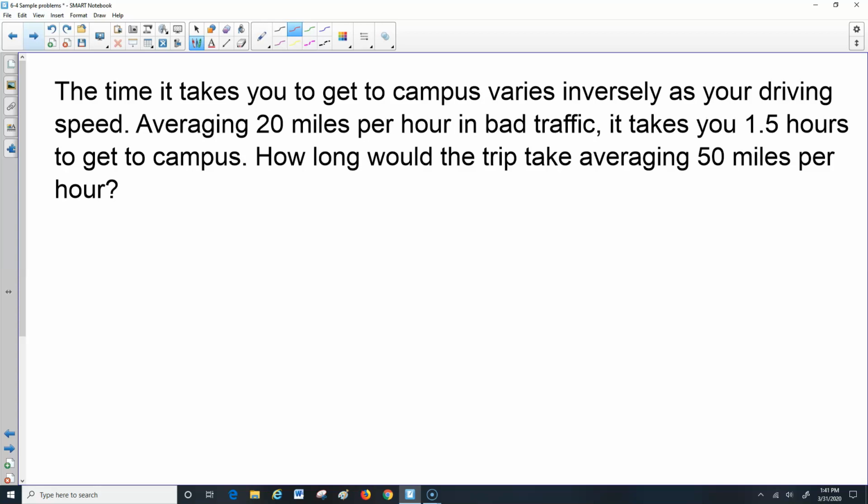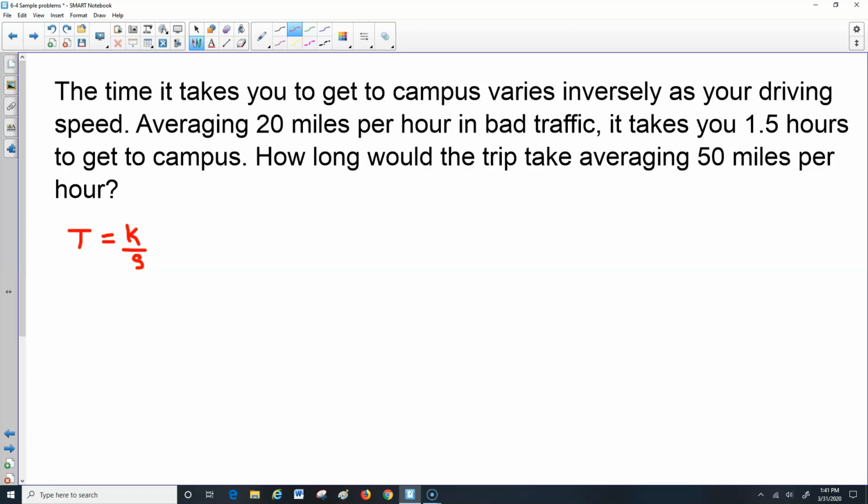So if we solve this using an equation and look for the constant of variation, we'll have to think about what we're comparing. In this case, it's time and speed. So let's use T for time, and we'll use S for speed. So our time is some constant of variation, not times the speed, but divided by the speed, because this is an inverse relationship.